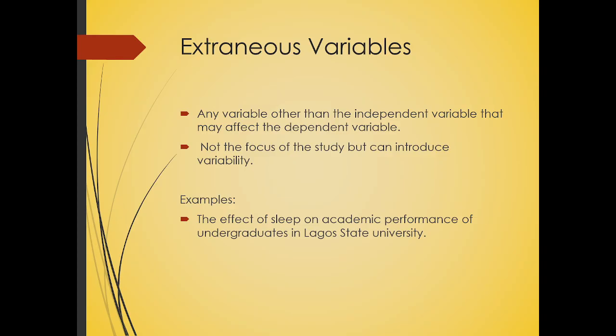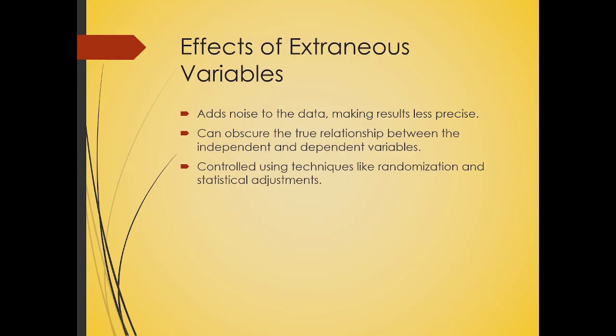Isn't it? Very good. So, stress level can affect academic performance of students. It is a variable that is not even in our topic here, but can do a lot to affect our academic performance. That is what an extraneous variable does.